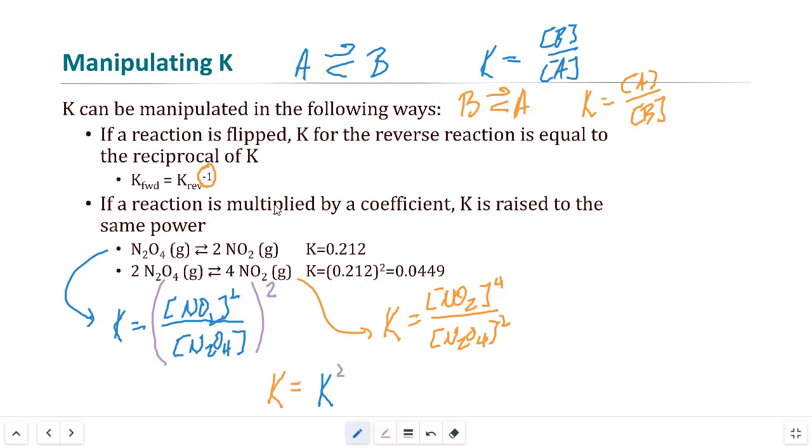So any manipulation that we do to an equilibrium expression, whether it's by accident or by design, if we know the value at one of those conditions, we can work back to figure out the value of the equilibrium expression at the other set of conditions. We don't have to go through a large process of looking at, okay, well, what are the equilibrium concentrations here versus here?